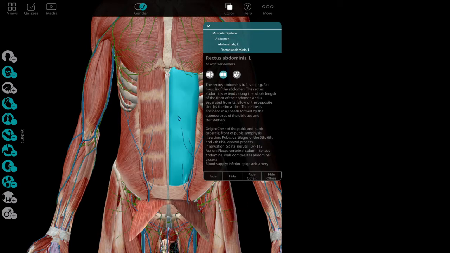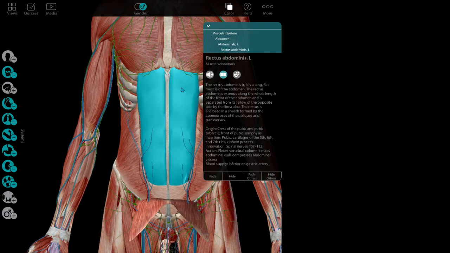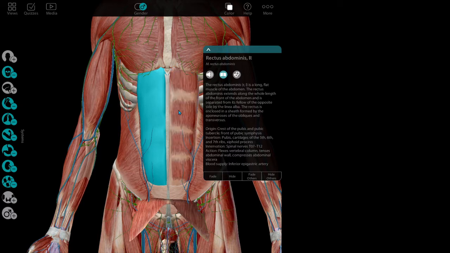This is your rectus abdominis. Rectus is a straight muscle in the abdomen. This is the six pack. Actually, supposedly there are eight, if you count the number of segments of your rectus abdominis. When you look at it, there are 1, 2, 3, 4 packs.